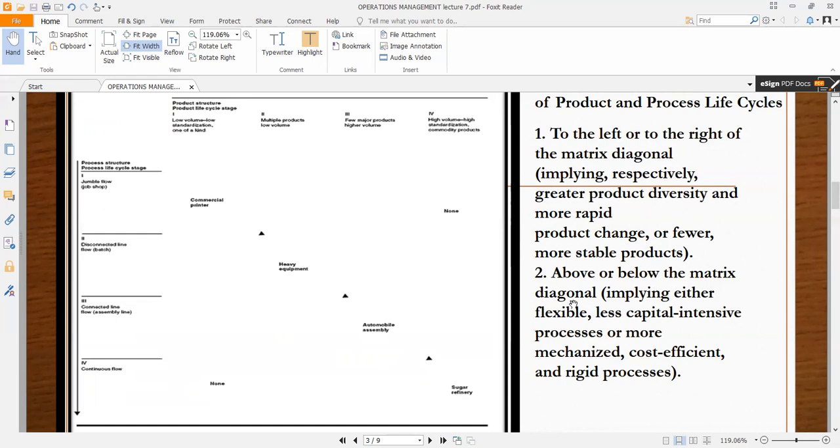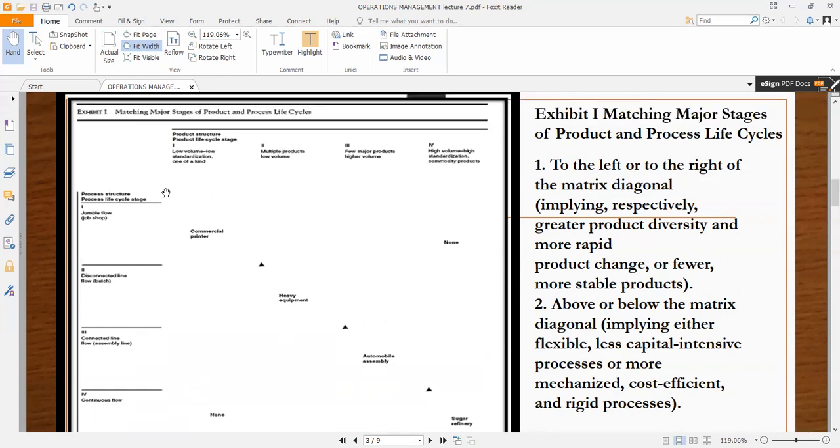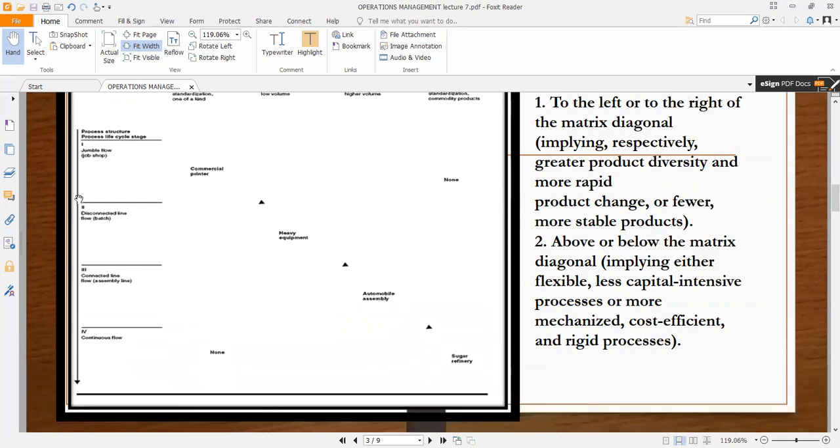Then two, we are having the above and below. Here we are seeing the columns with an arrow that goes down, which is above and below the matrix diagonal, implying either flexible or less capital intensive processes, or more mechanized, cost efficient and rigid processes.